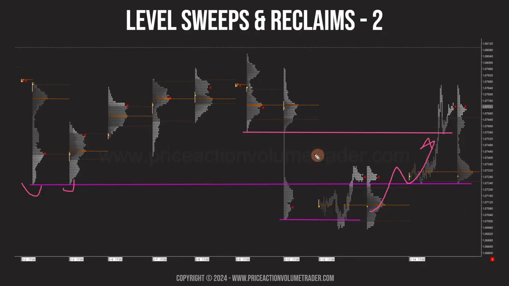You can see we had all these single prints, a very weak, low volume node structure into the ledge of this high volume node. And also we had the low from this day. So we have a lot of context for a target right into this level.